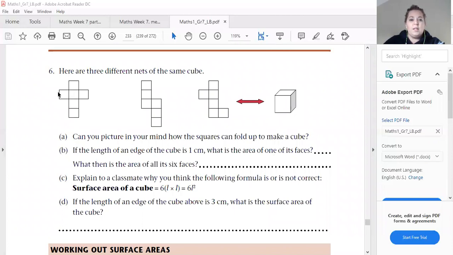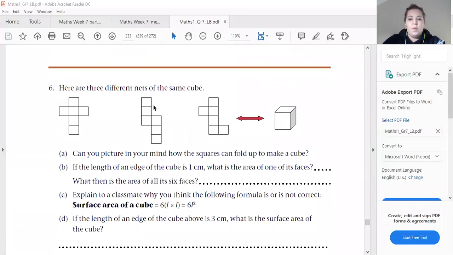Then, as I can show you here, you've got all those different ways to show how to create a cube. Basically, all of the surface area you are talking about comes down to the nets. You see how many shapes are exactly the same, find the area of those, and then add them together.